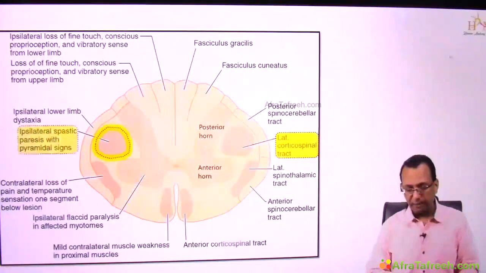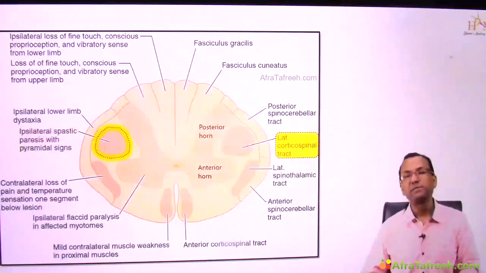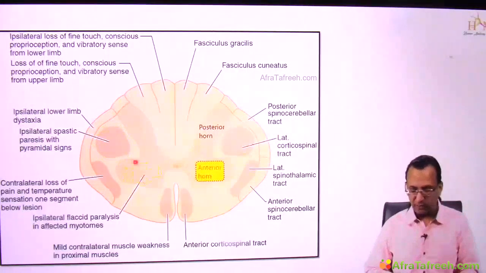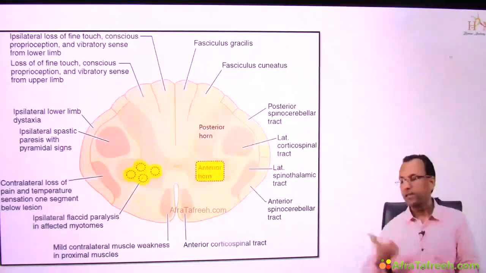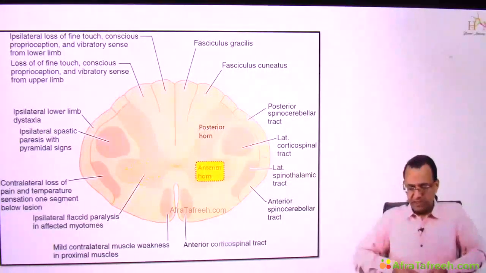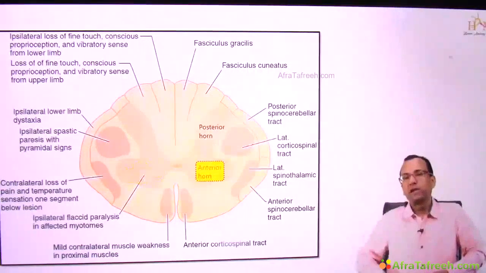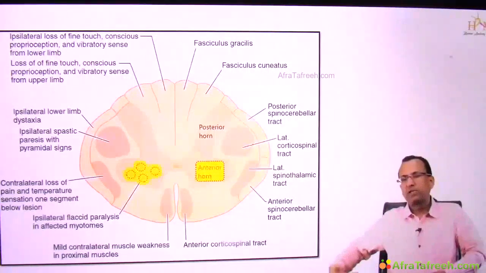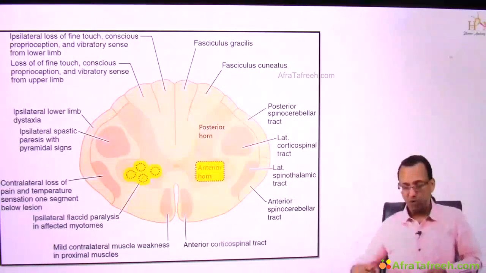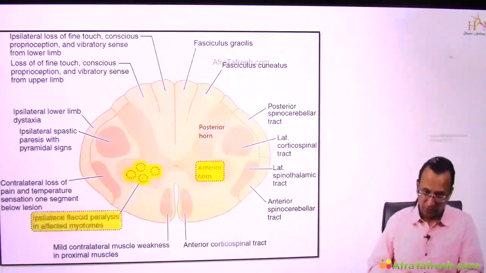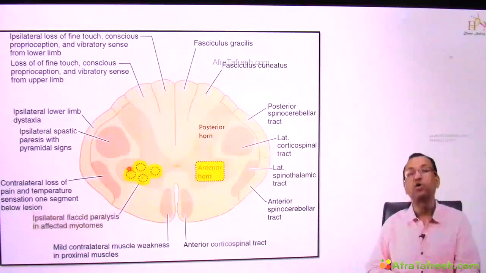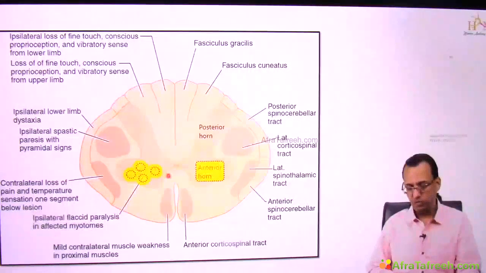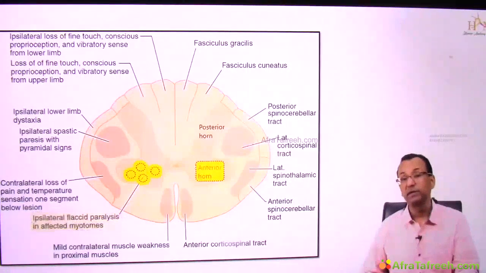So below the level of lesion there will be spastic paralysis, but at the level of lesion there is some lower motor neuron damage, and because of lower motor neuron damage at the level of lesion there will be flaccid paralysis. T10 muscles will have flaccid paralysis, but T11, 12, L1, 2, S1, 2 spastic. Only T10 is flaccid. So you mean to say there is flaccid paralysis on the same side at the affected myotome? Yes, affected myotome only. Below that will be spastic paralysis.